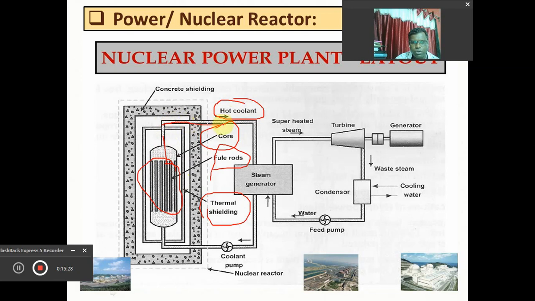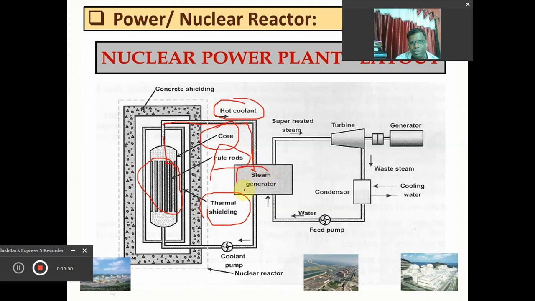This is the hot cooler, because this heat is transferred to the heat exchanger, and from the heat exchanger it is transferred to the coolant present in this pipe, and due to this heat exchanger it will be converted into steam.